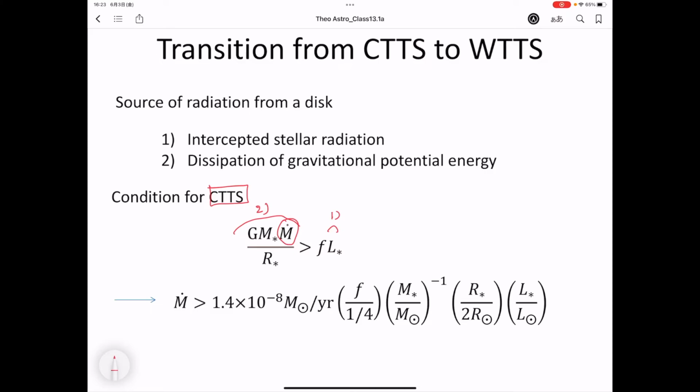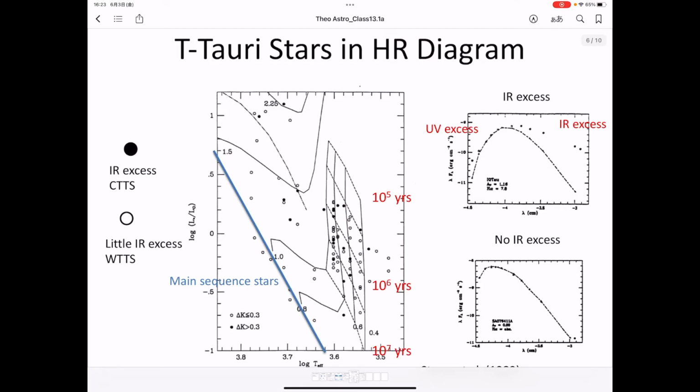So m dot needs to be larger than 1.4 times 10 to the minus 8 solar masses per year. So this is the condition for CTTS. If the mass accretion rate of a star is less than this value, this corresponds to the weak line T-Tauri stars, WTTS.